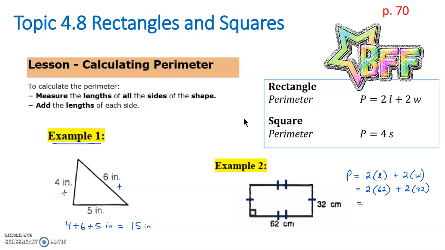And 2 times 62 is 124. And 2 times 32 is 64. And then we can go ahead and add those two numbers together to get 188 centimeters. Now, I'm going to show some alternative methods here, but you can always go back to adding on the outside. You could add 62 plus 32 plus 62 plus 32, and you're going to end up with the same.